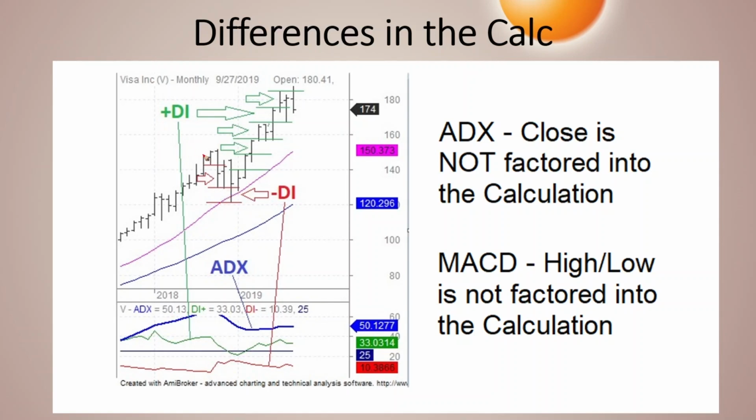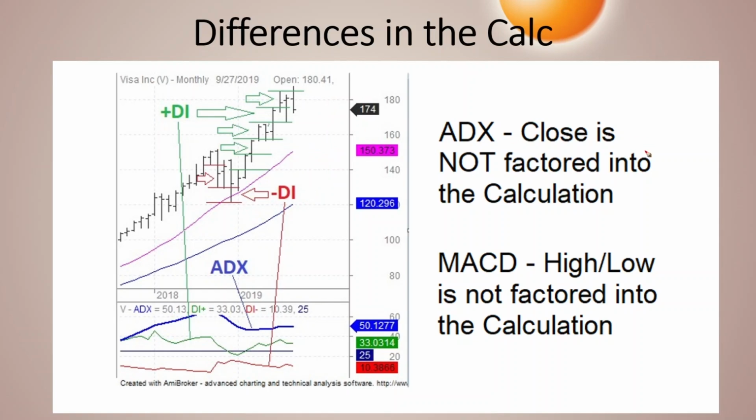So once you start to understand how these are calculated, realize that the close really doesn't matter. You could have a really big bar to the upside, so you make a higher high, and then you close down like this, and it's really not a great day, but it's a positive DI day.